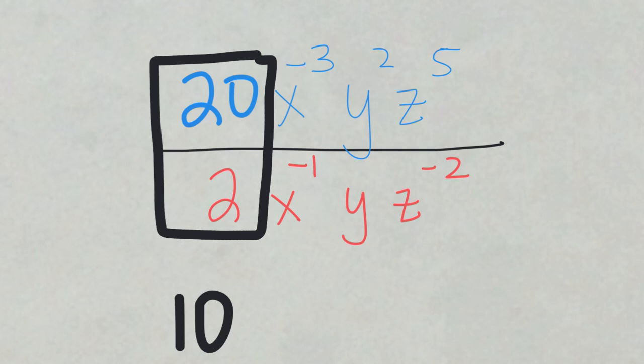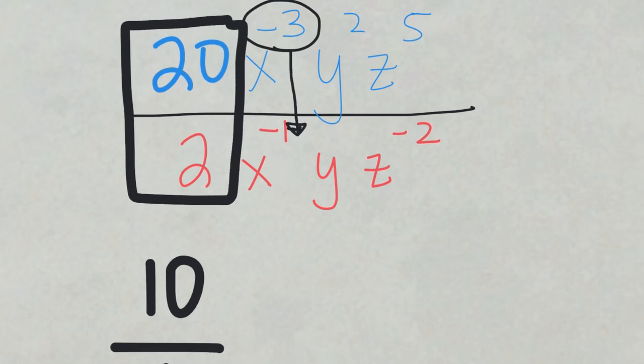Okay, now our next term is the x. What do we notice about the x in the numerator? It's a negative 3. Whenever we have a negative power, this negative power goes to the bottom or the other side. If it's on the top, it goes to the bottom as a positive, and if it's a bottom negative, it goes to the top as a positive.